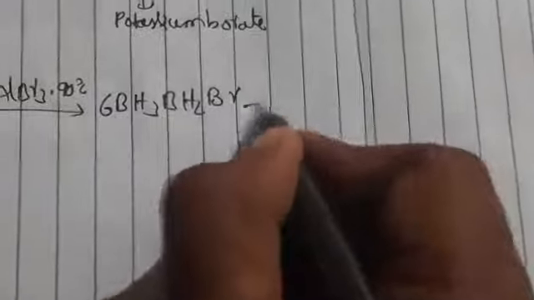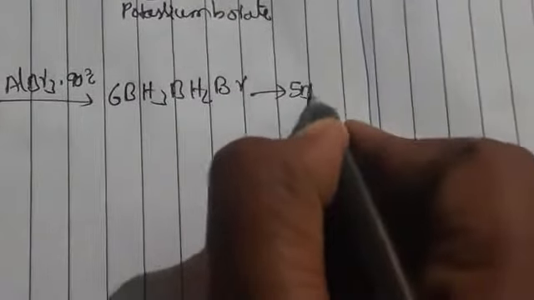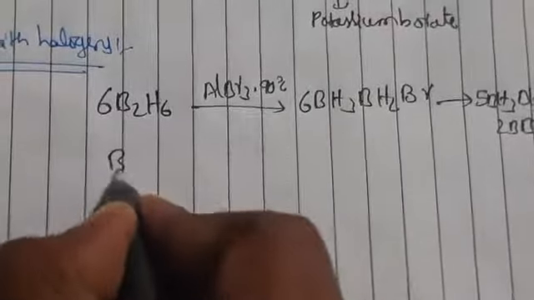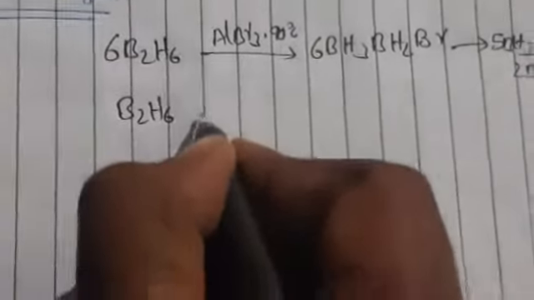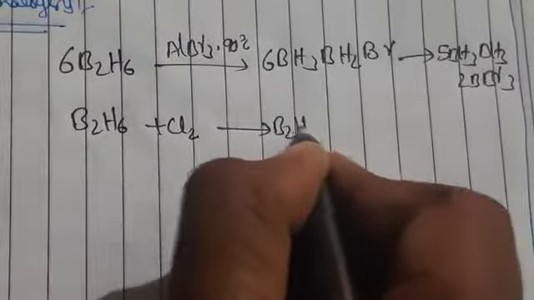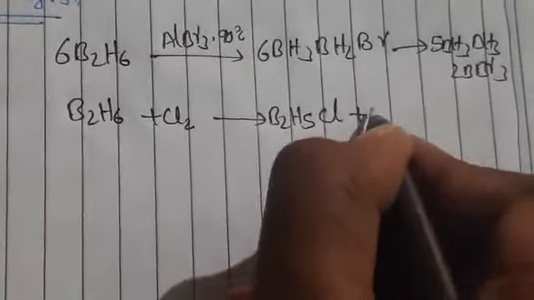After that, again it will form BHBr2 and BBr3. So when you heat this compound with the halogen acid, and treat with halogens, B2H6 reacts with Cl2 to form B2H5Cl plus HCl.